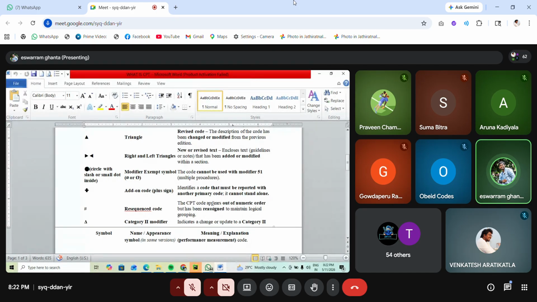The CPT codes appear out of numerical order, but have been reassigned to maintain logical grouping. That means the sequence is missed. Before that missed sequence, you will see this resequenced code.